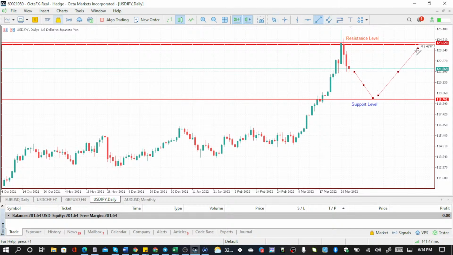Probably coming to test this place or moving straight up to this place, but it will come and retest this previous support level. This is the daily time frame, which is telling us that the last candle is what is happening today.